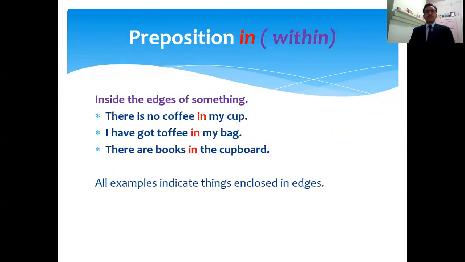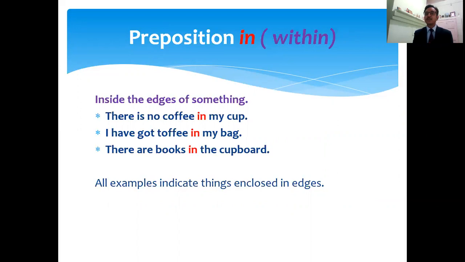For example, there is no coffee in my cup. I've got coffee in my bag. There are books in the cupboard. All examples indicate things enclosed inside the edges. You follow? It's easy to think about all these examples.